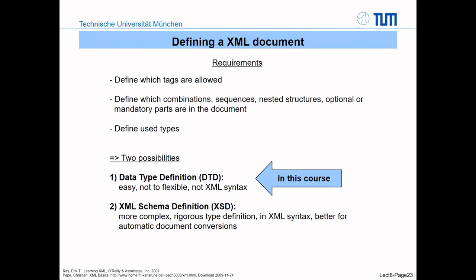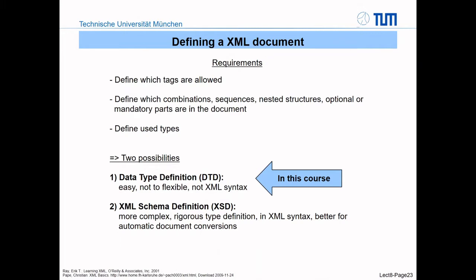In principle, we have two possibilities. Here we want to talk about the DTD because this is the simplest version of describing an XML file. It's the simplest version because it's directly comparable to what we know from the language theory. XML schema definition is a little bit more complex because it uses XML to describe XML. So you use the same structure like in the format to describe the format.